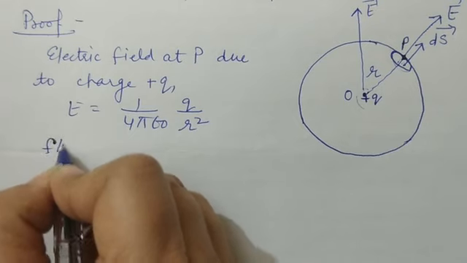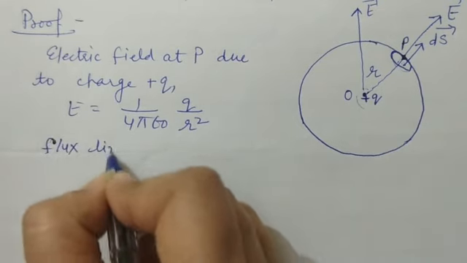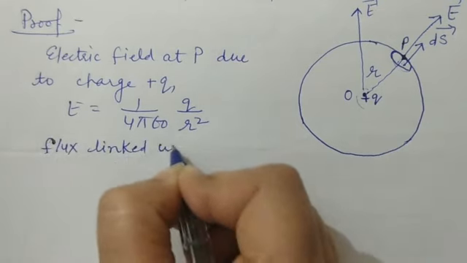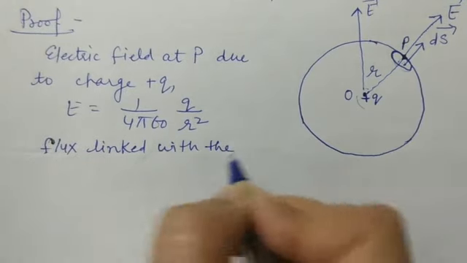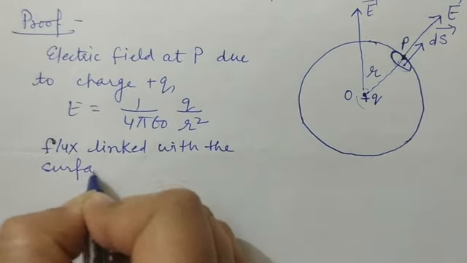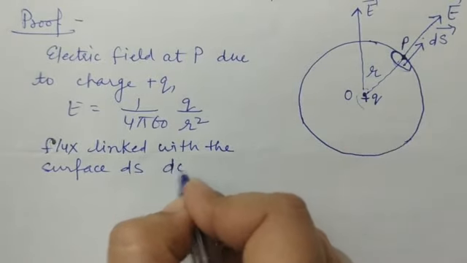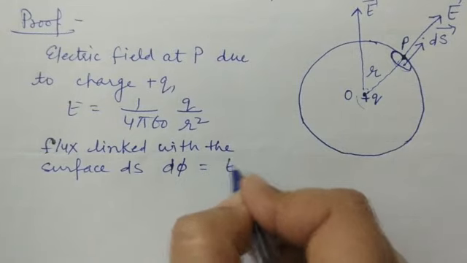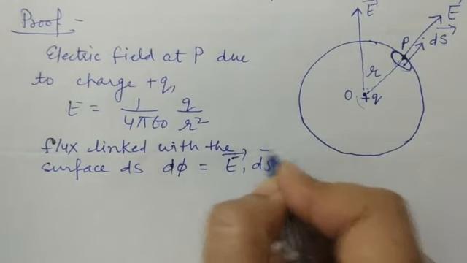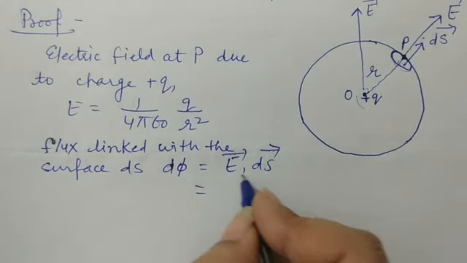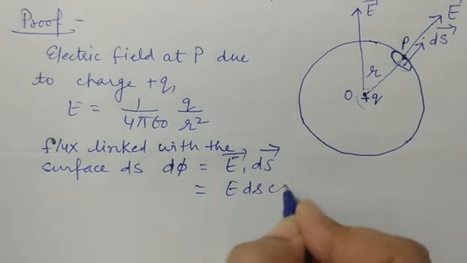Now the flux linked with the surface ds, we'll take it as d phi. This is equal to E dot ds, that is E ds cos theta.